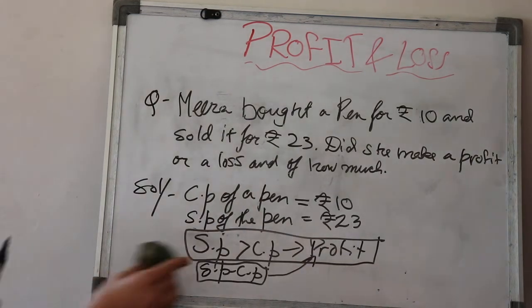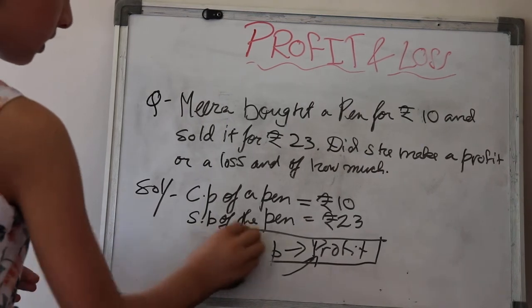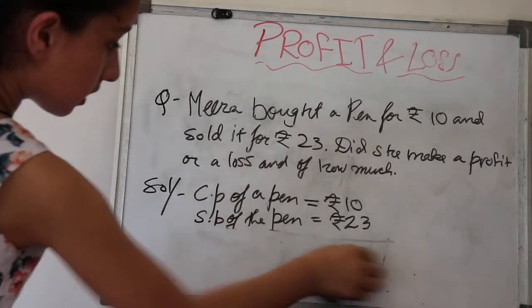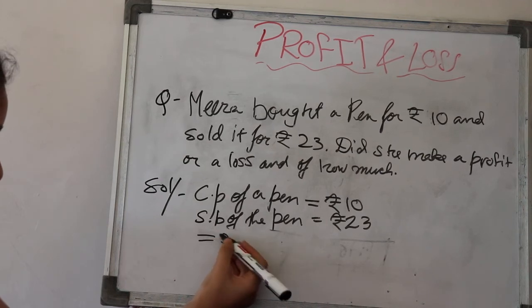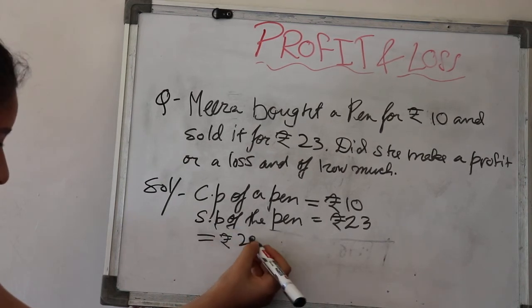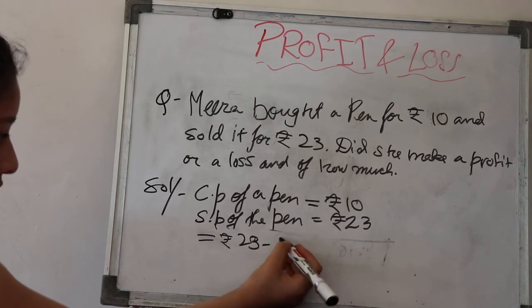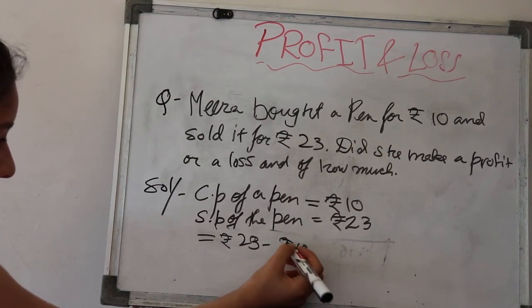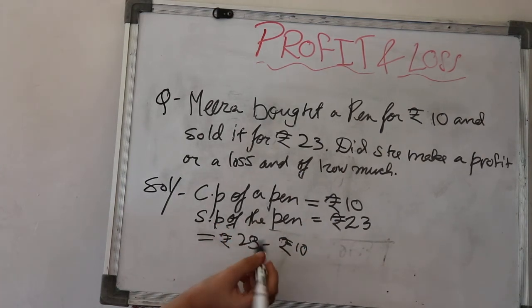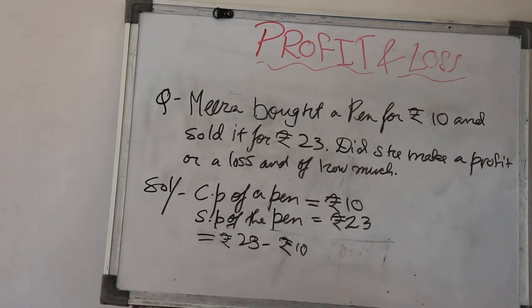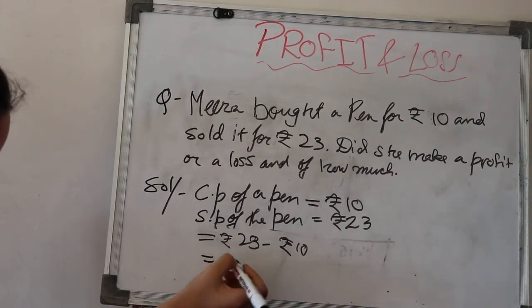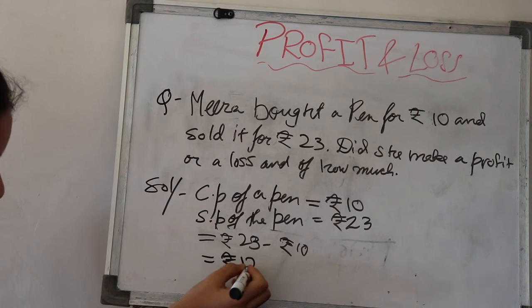Okay, so the selling price is equal to rupees 23 and the cost price is equal to rupees 10. So I will subtract. I can subtract them on my finger marks or on the rough side. It's rupees 13.